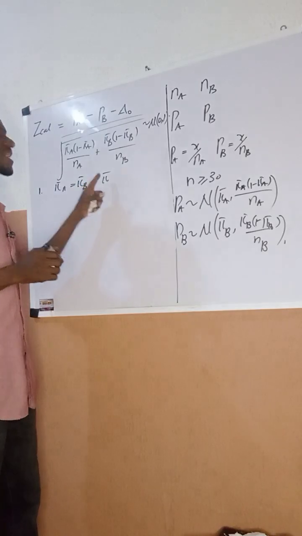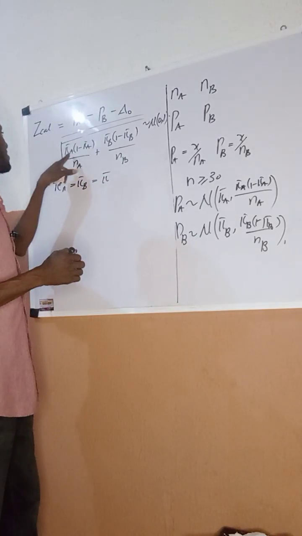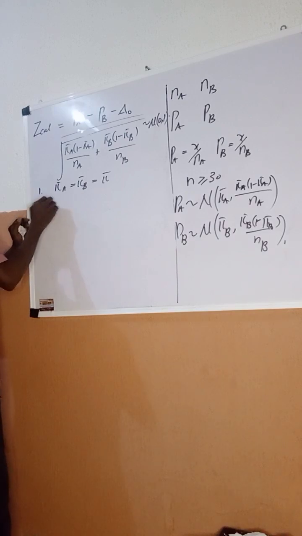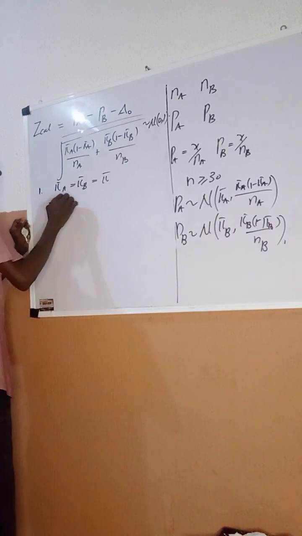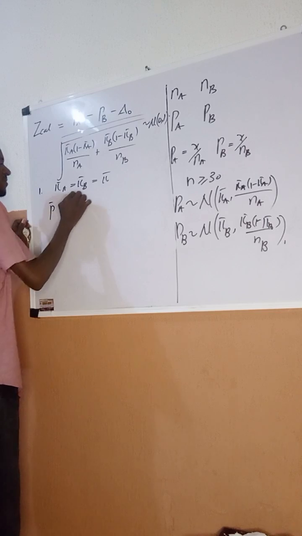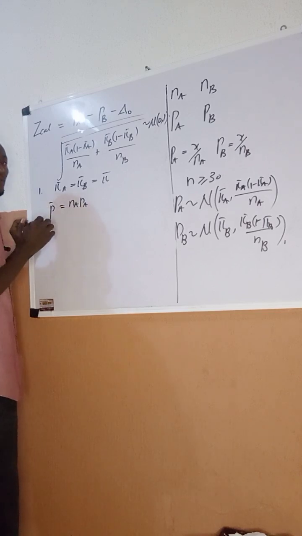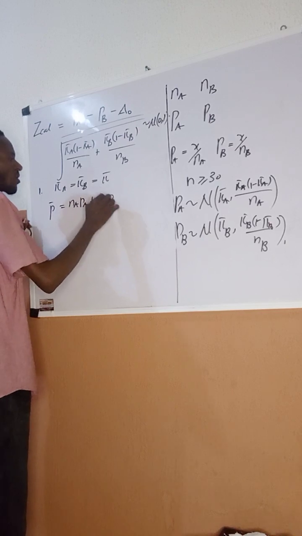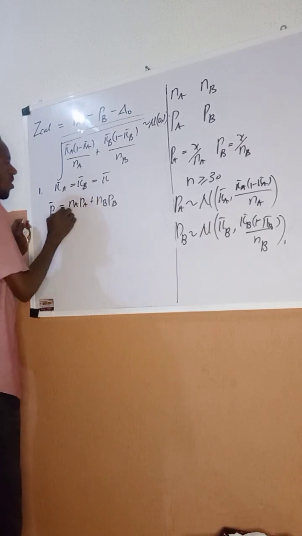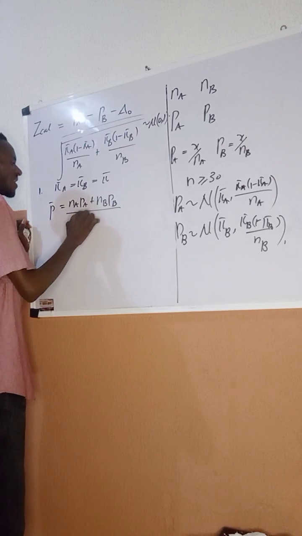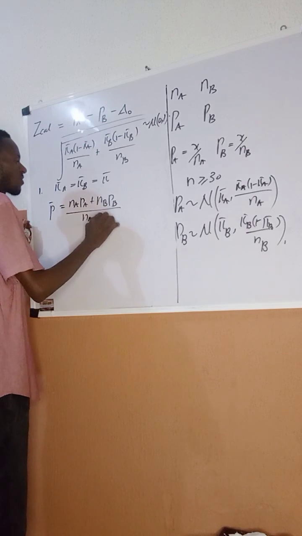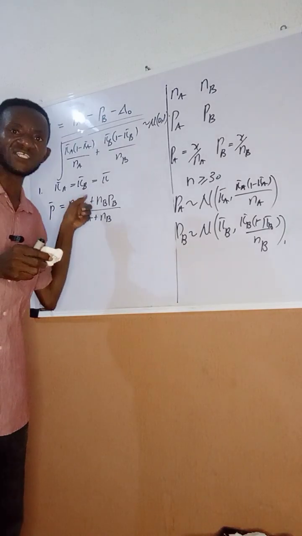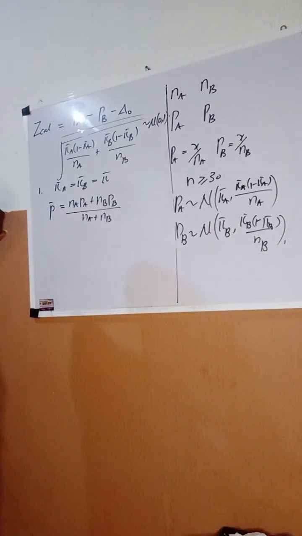If this happens, we are going to estimate pi of A and pi of B with what we call P bar, equals n of A, P of A, plus n of B, P of B, all over n of A plus n of B. This is what we are going to use to estimate it.